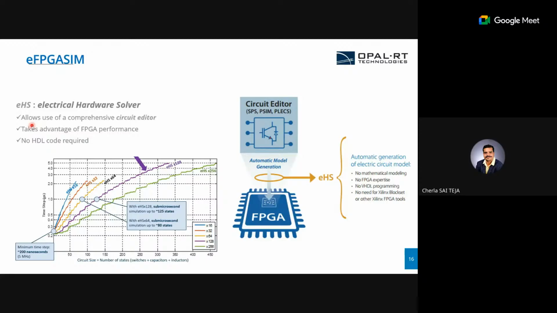So with this, it allows us to have a comprehensive circuit editor and take advantage of FPGA performance without any code. We need not run any code. That is where this solver finds its application in all places where people want to test and validate power converters and motor drives.